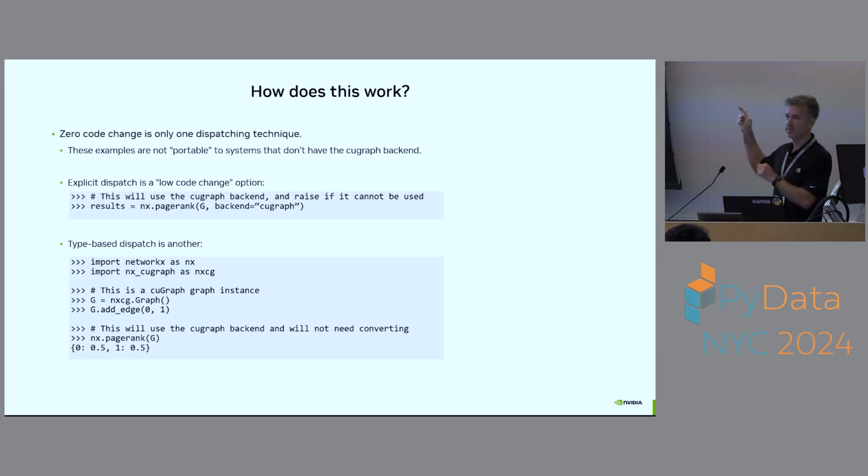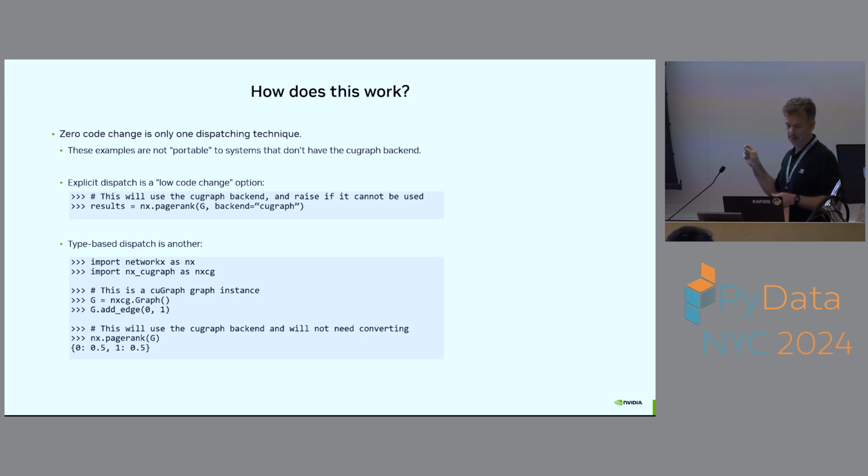So obviously this code is portable to systems that don't have a cugraph backend, but it does allow me to say, I don't want you to do that failover thing. I just want it to fail if it's not there. So you can just dial that in right there like that.